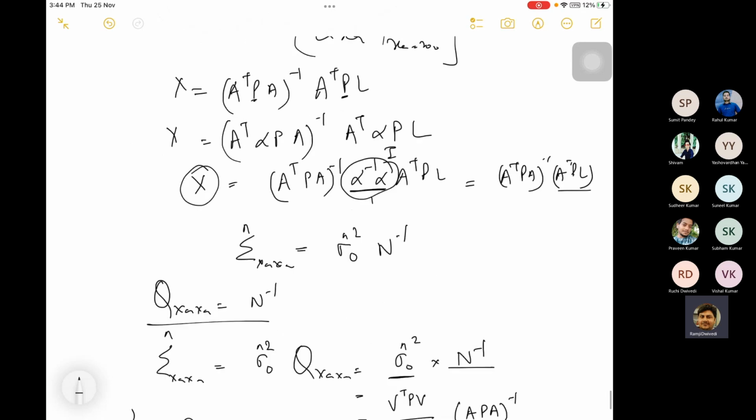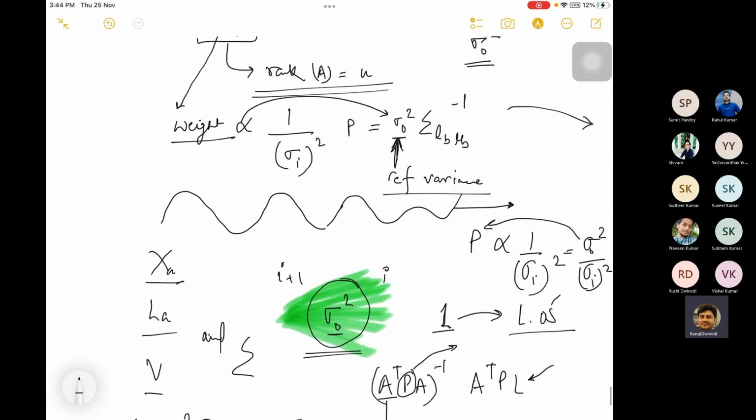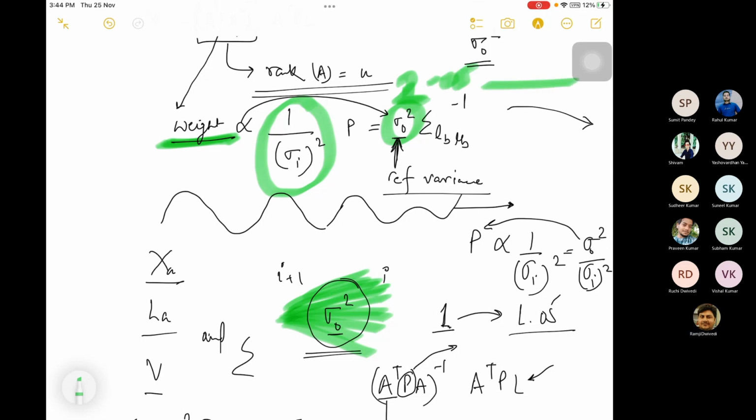Why? Because I told you, na, here, this weight, let me just highlight so that you see where I'm writing. This weight is inversely proportional to the variance of the observations. And then in order to remove this proportionality sign, you introduce a coefficient. This coefficient generally is considered as 1, but let's say if you have chosen 2 or 0.05 or something else, it doesn't affect your final solution.